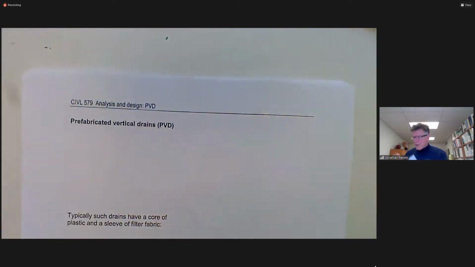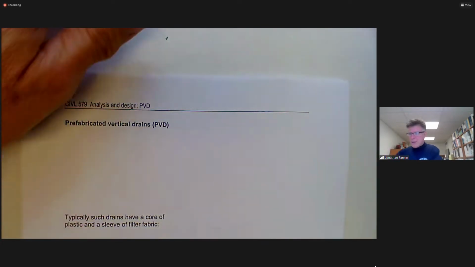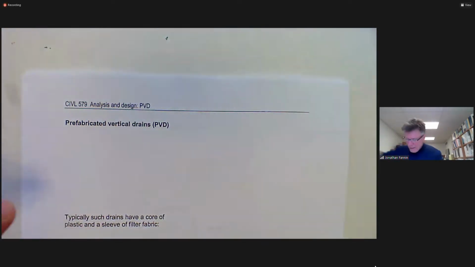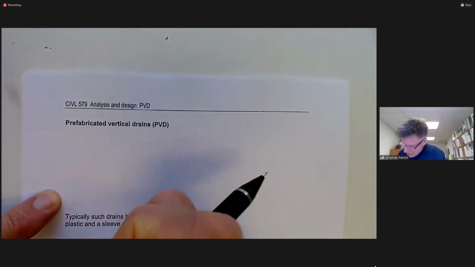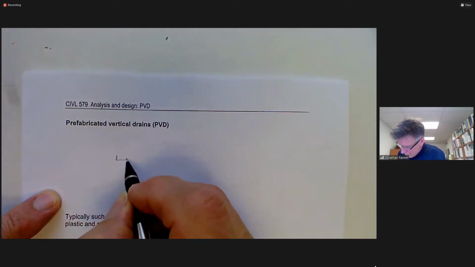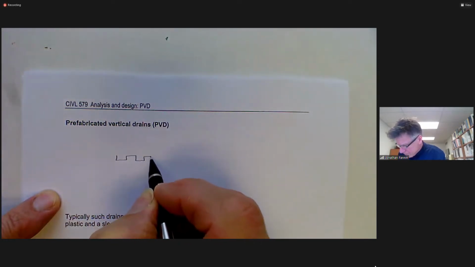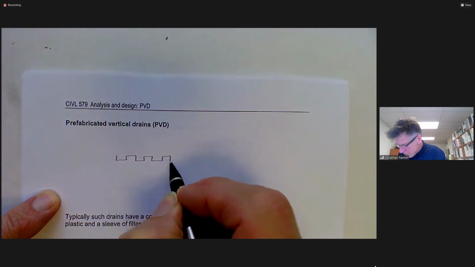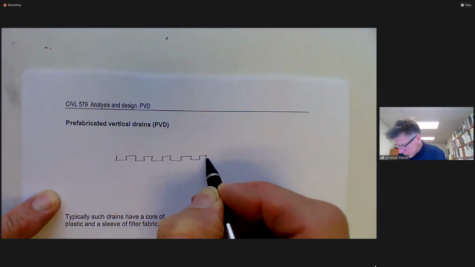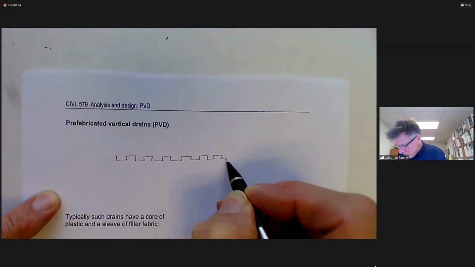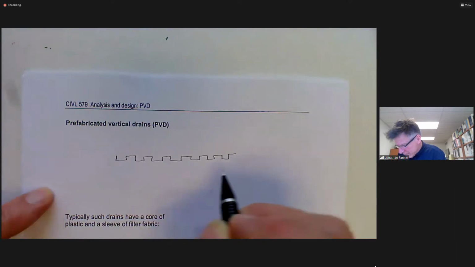So I'm going to capture that corrugated look here. Let's put in the corrugated central core.